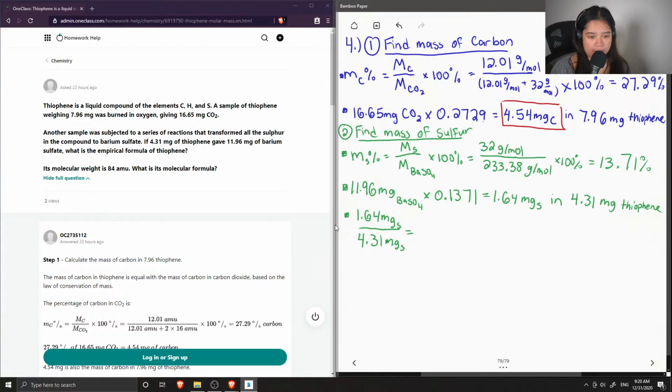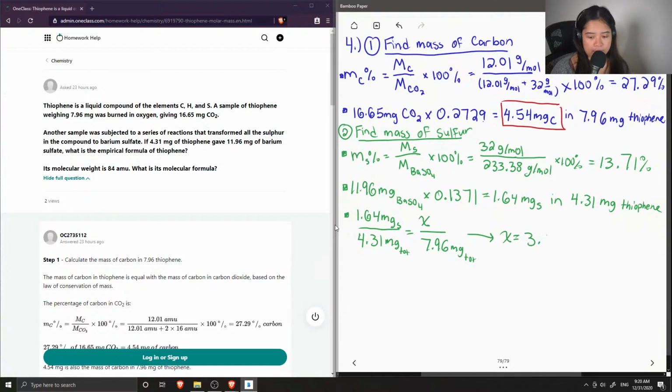And we are looking for how much sulfur is in 7.96 milligrams of total. So now we pretty much just have to solve for x.